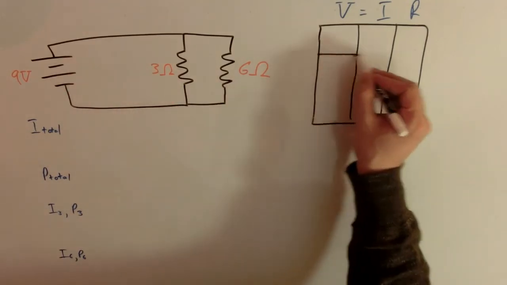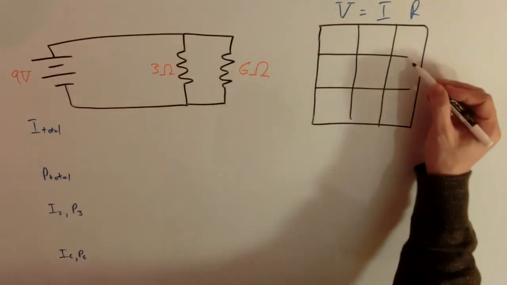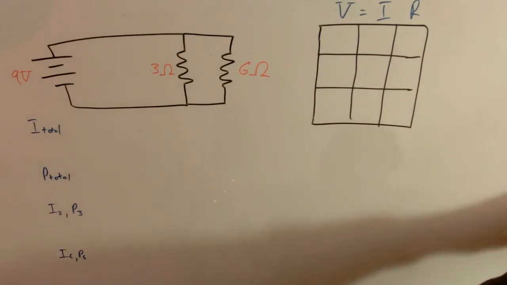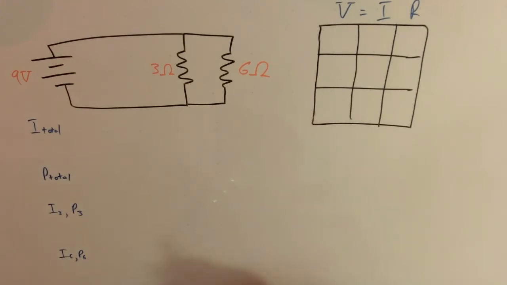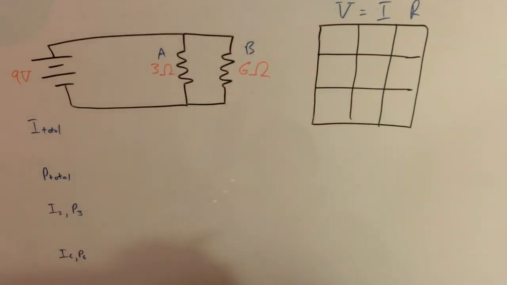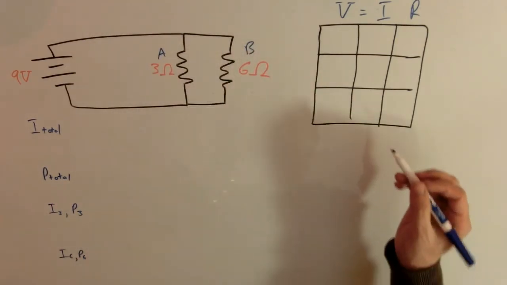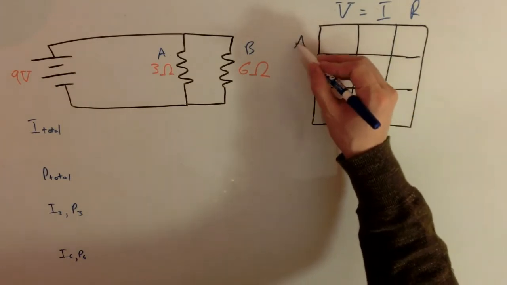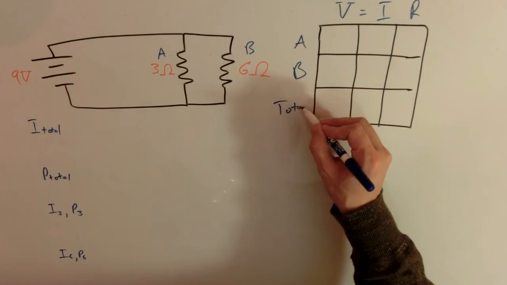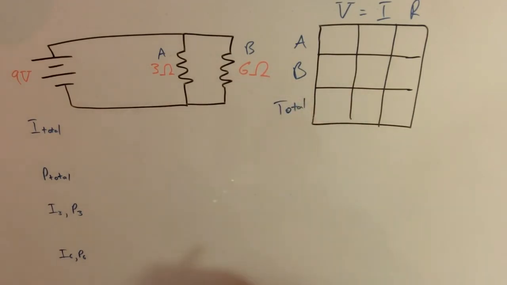So I need 1, 2 lines. I can mark this guy A and this guy B. Never hurts to keep track of them that way. And so I'll do A, B, and total. That's for the entire circuit altogether.